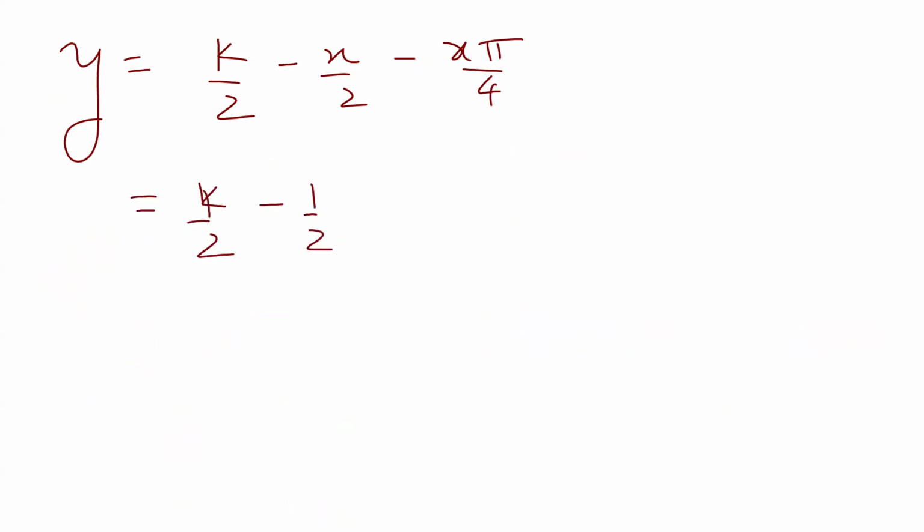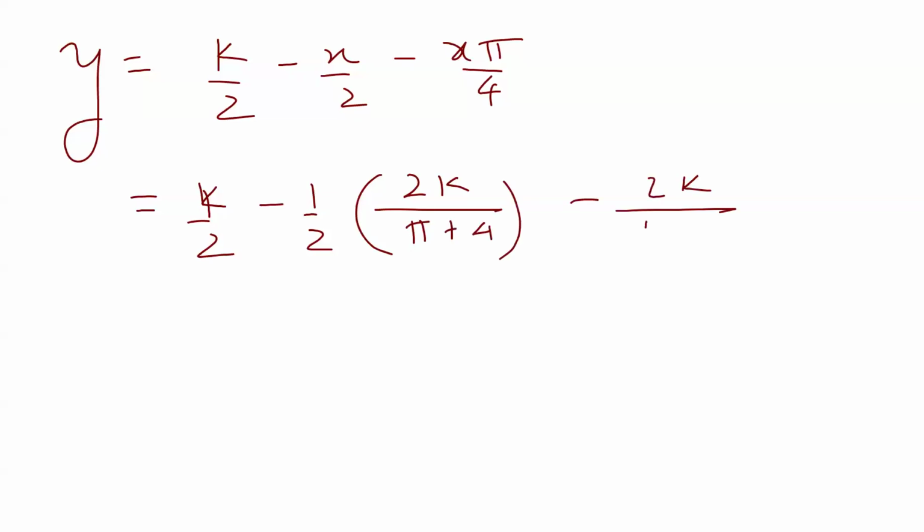So y is equal to k by 2 minus x by 2 minus x pi by 4. We already know the value of y. You people have copied it. So k by 2 minus half of 2k upon pi plus 4 minus 2k upon pi plus 4 times pi by 4.